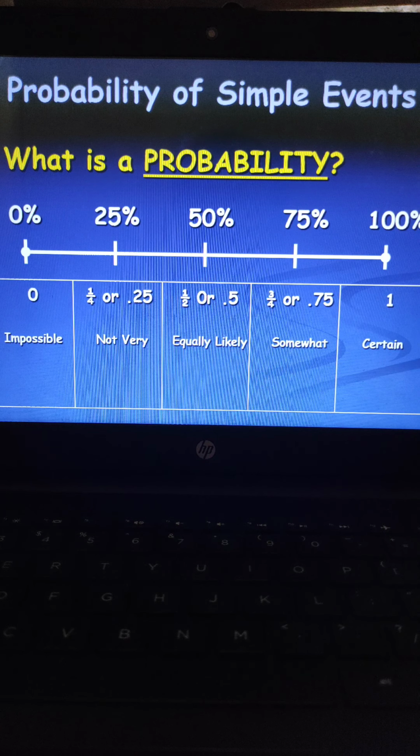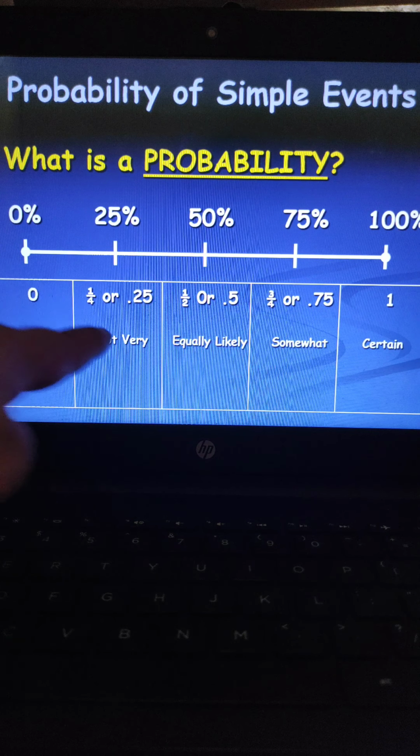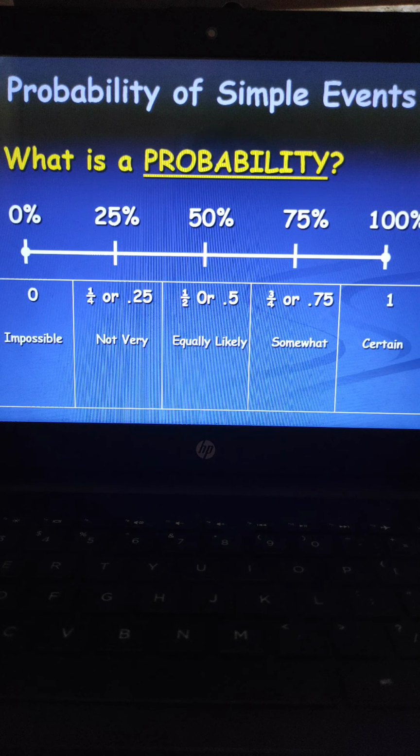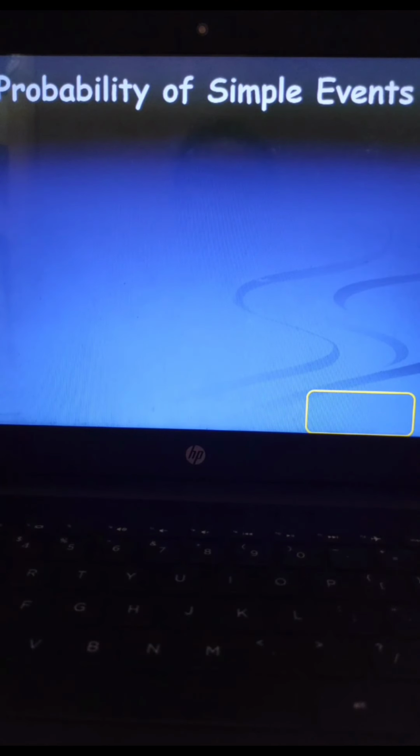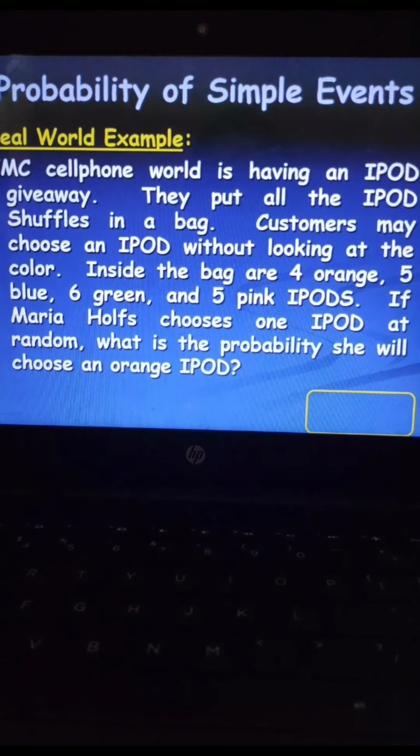Closer to 0, 25% is described as unlikely. 50% we call equally likely. 75% we call likely, or closer to certain. And 100%, or 1, we describe as certain.